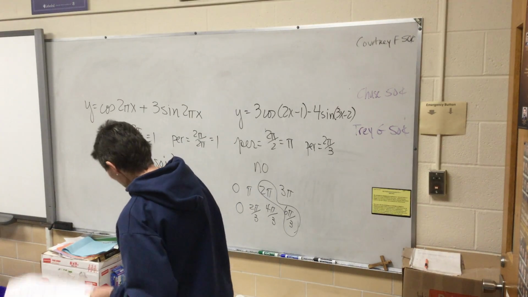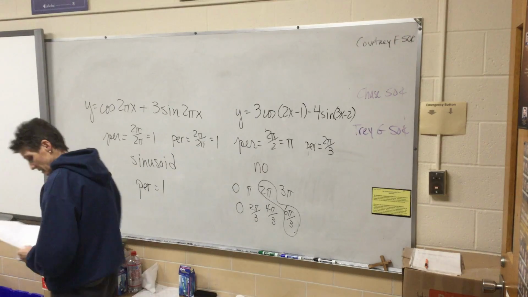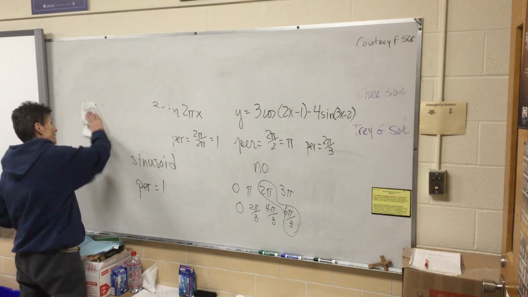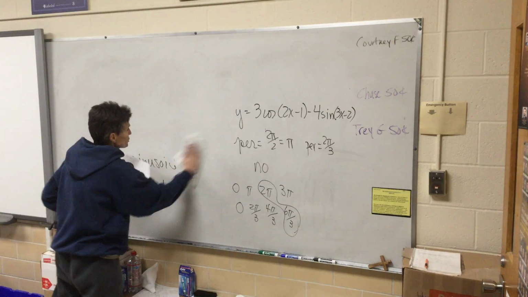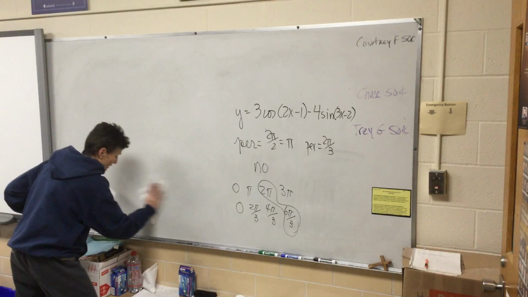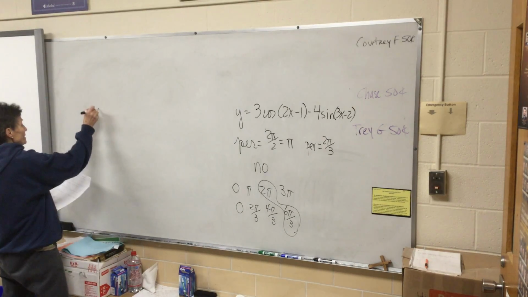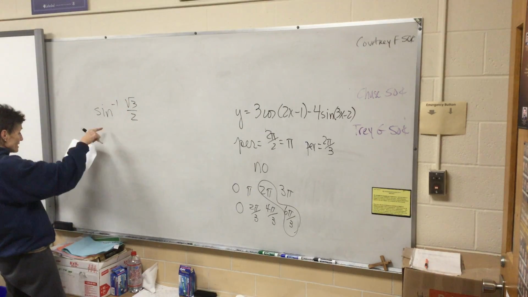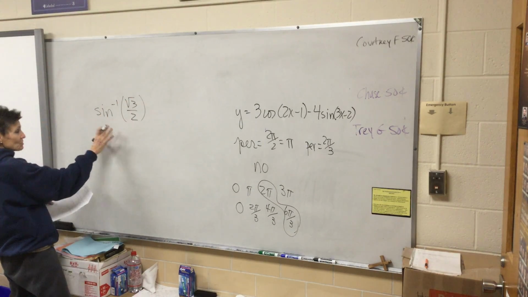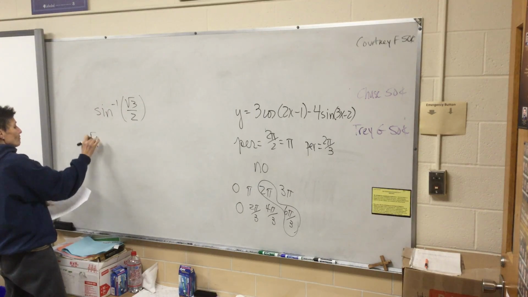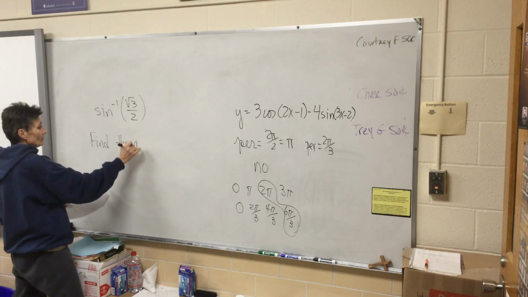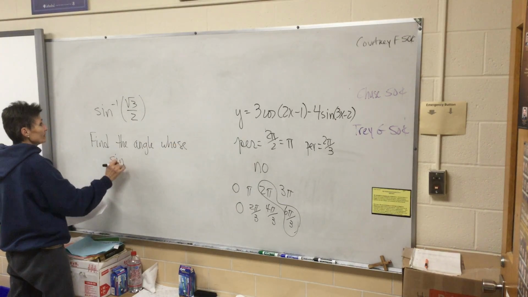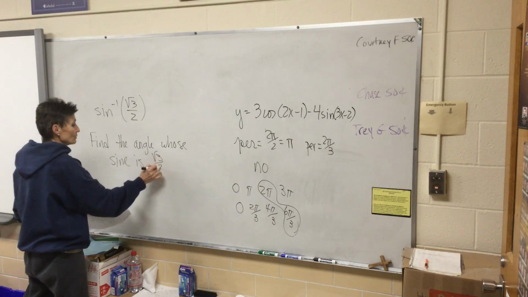So I want everybody paying close attention, because if we don't pay close attention, this can get confusing. If we do pay close attention, it is super simple. This right here, I'm looking at problem number 1. This problem literally says to me, find the angle whose sine is √3/2.